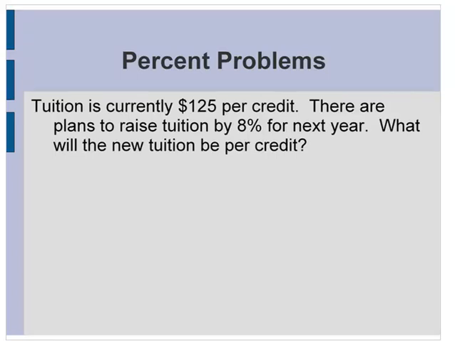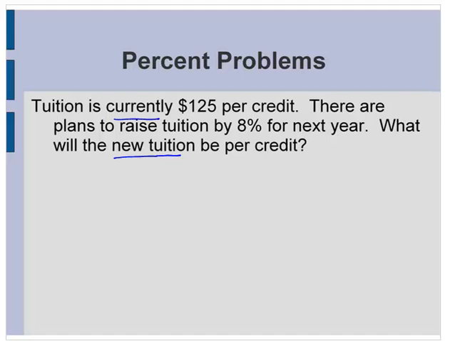Tuition is currently $125 per credit. There are plans to raise tuition by 8% for the next year. What will the new tuition be per credit? So, new tuition, currently $125 per credit.